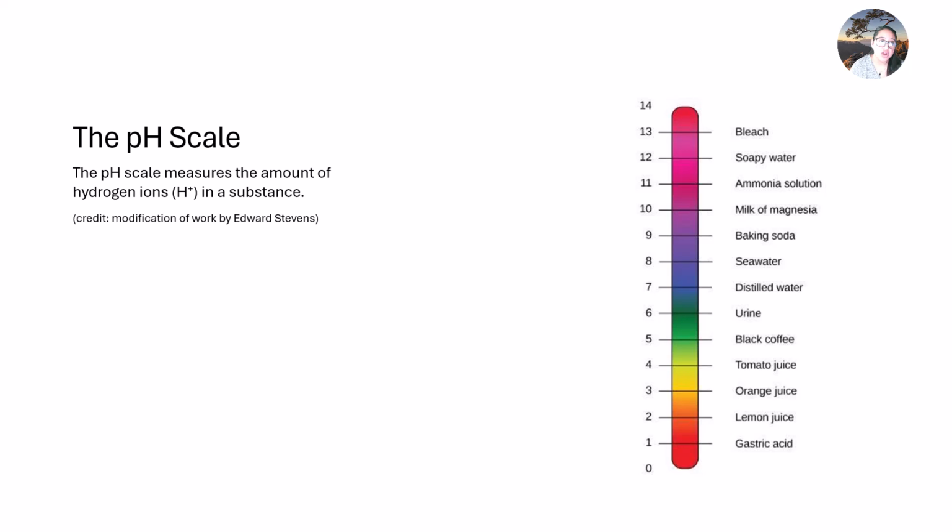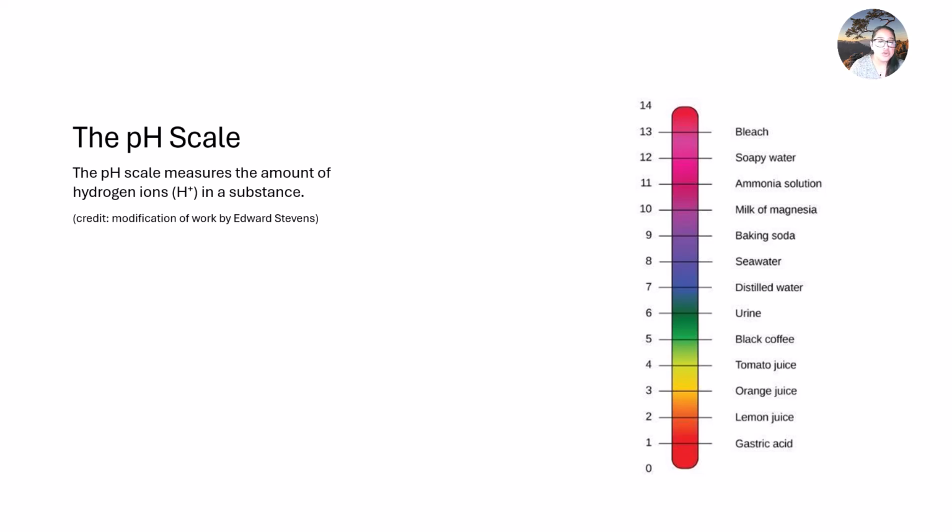If there are more hydrogen ions, then there is a higher number on the pH scale. It's logarithmic. We don't have to get into it, but it's a measurement of how many ions something gives off. That's a pretty important concept because in your body, the things that you take in can alter the pH.